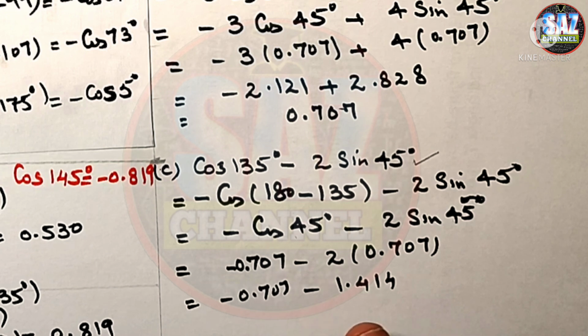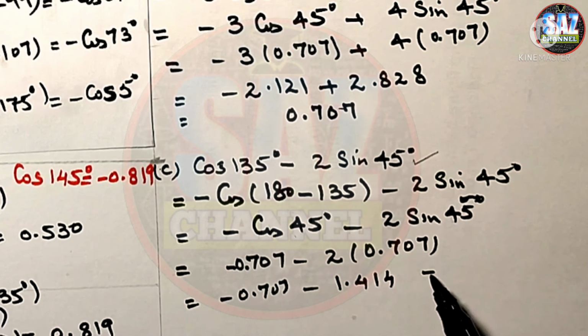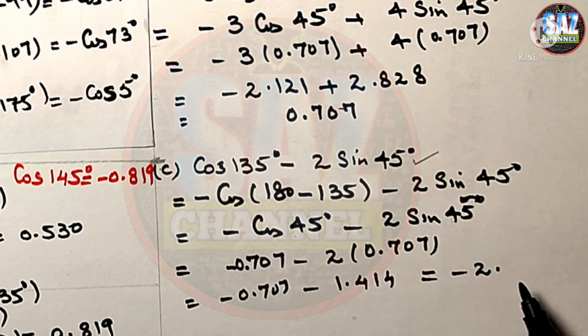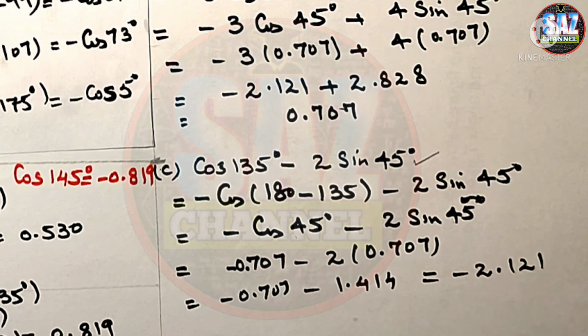Now both have the minus sign, both are negative, so we add them, and the answer is minus 2.121. I hope students, you are really clear about these 3 questions.